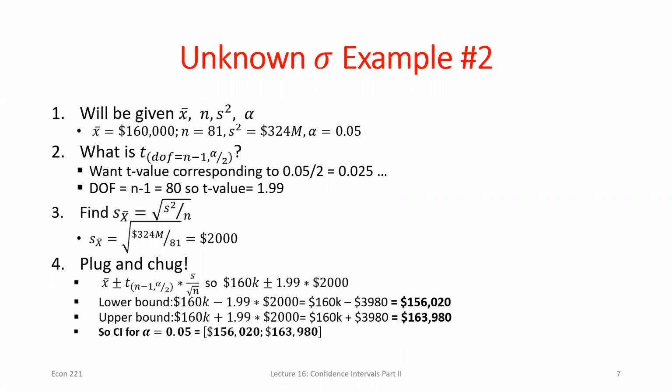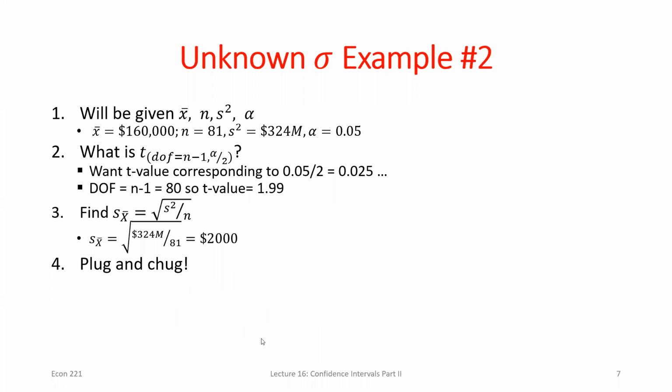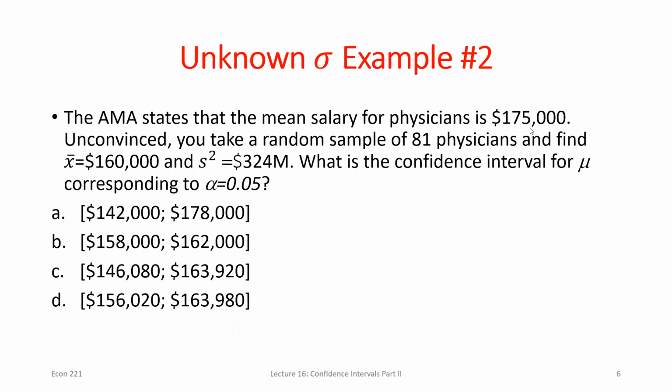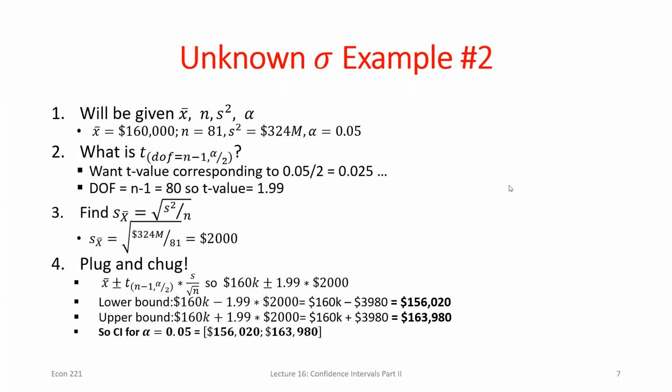So how do we start to use these confidence intervals? With our confidence interval at 95% certainty, I can say the true mean salary for physicians is between $156,000 and $164,000 approximately. If the American Medical Association was saying that the true mean is $175,000, well, I can look at them and say, with 95% certainty, I can tell you that you're wrong, right?